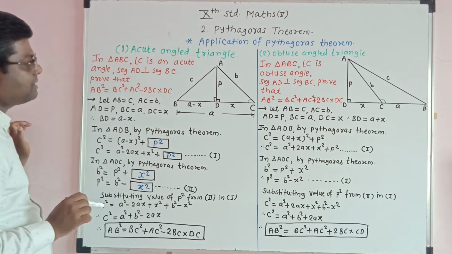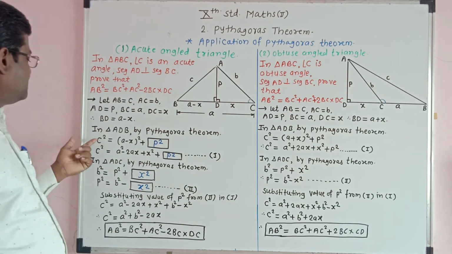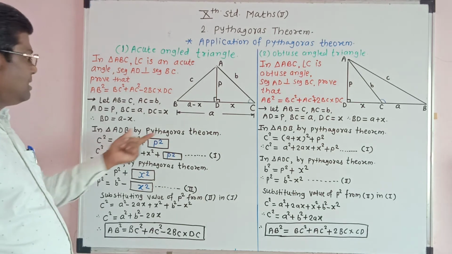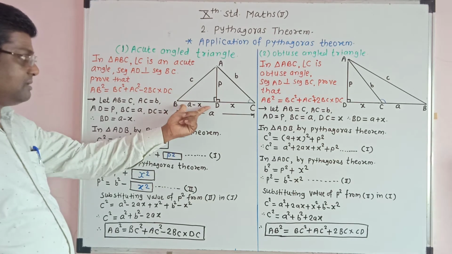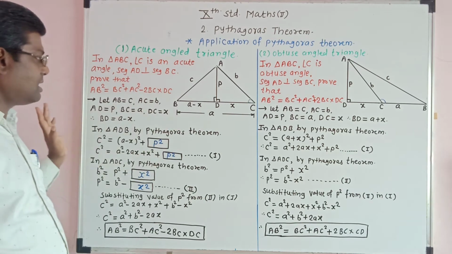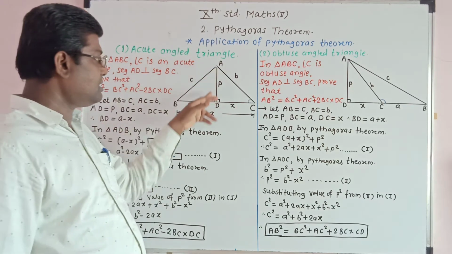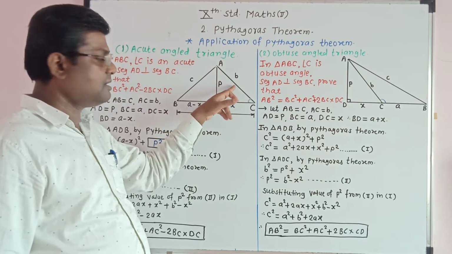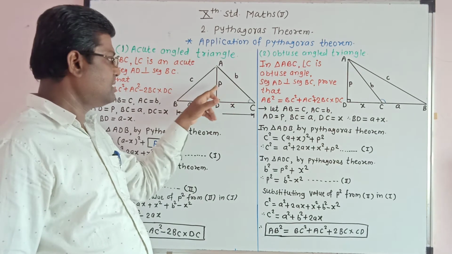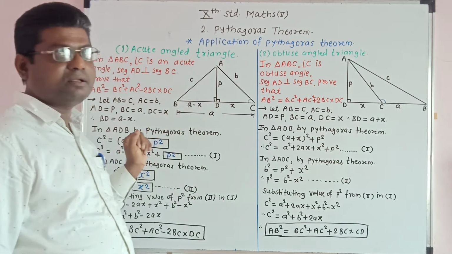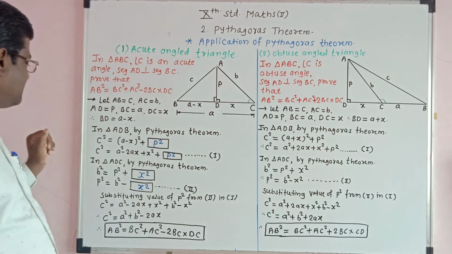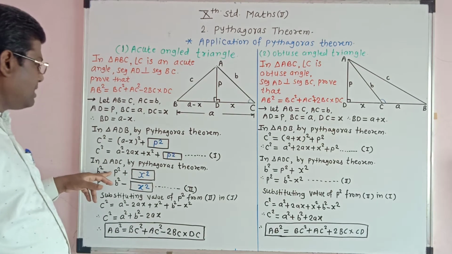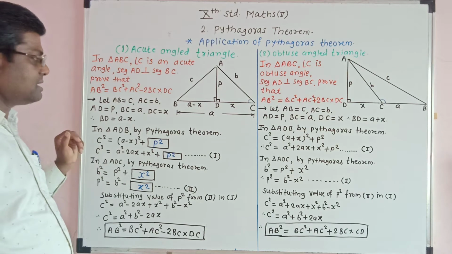So by applying the Pythagoras theorem, c square is equal to (a minus x) square plus p square. Now we consider another right angled triangle ADC. In this triangle b is the hypotenuse and p and x are the perpendicular sides. Therefore we have b square is equal to p square plus x square.